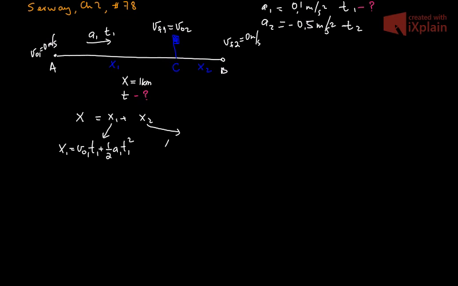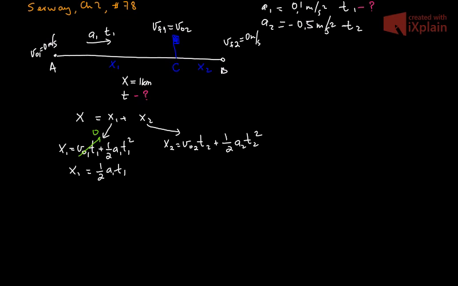For x2, I'm going to write x2 equals v02 t2 plus 1/2 a2 t2 squared. The x2 has a lot of unknowns, like v02 and t2. However, for x1, the term v01 t1 is 0 because v01 is 0. So I can rewrite x1 equals 1/2 a1 t1 squared.